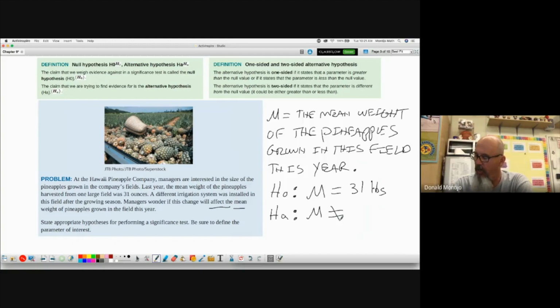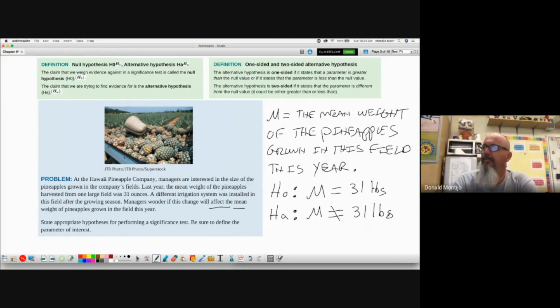Therefore, the alternative would be two-sided. So when we say one-sided and two-sided, you can think about one-sided on the left or the right. Two-sided, we're going to have to look at the area in both tails. We're going to go back to our normal curve and use our z-scores and our normal curve to find these probabilities to answer these questions.